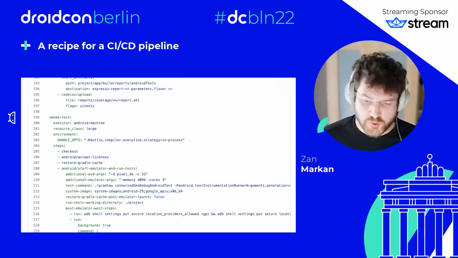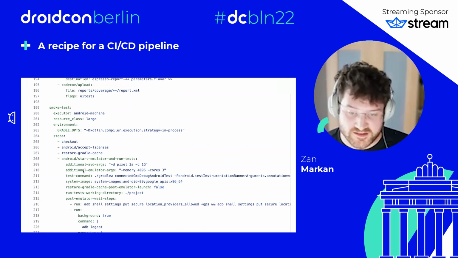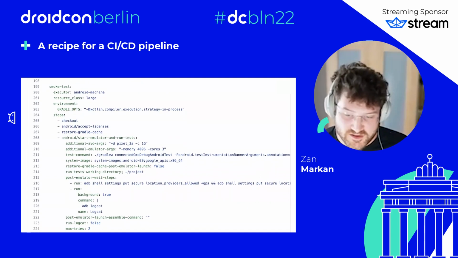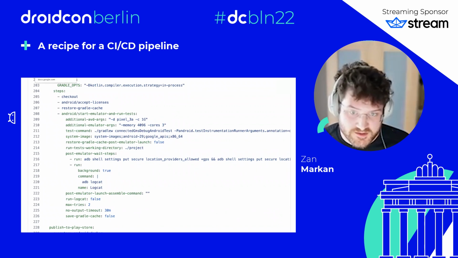So like 2 or 3 tests, I think they have in there to make sure the app doesn't crash on startup. And that's pretty much it. So again, quite handy, quite useful, especially if you want to speed up a lot of things.